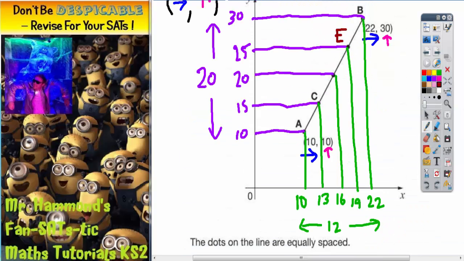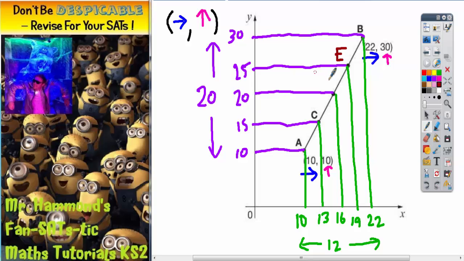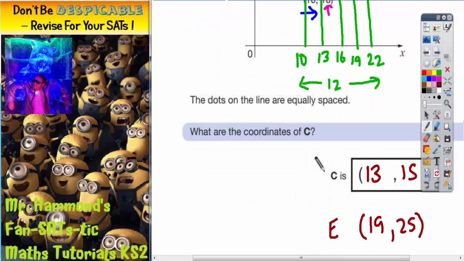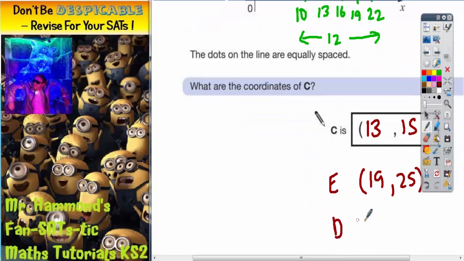Let's do one more. Let's say that this is point D. We haven't got a D yet, so let's use point D. So point D is 16 along the corridor and 20 up the stairs.